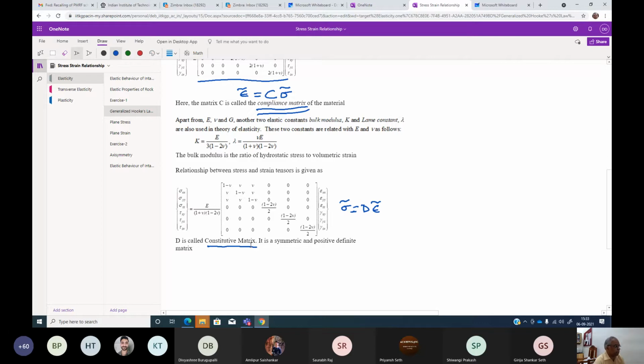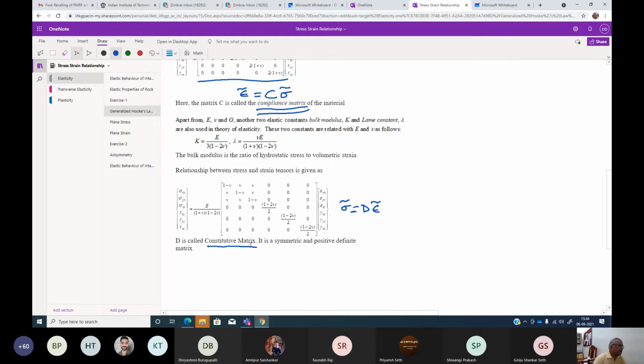And not only that, in plasticity also there will be a constitutive matrix. Strain and stress are the two pillars of elastic variables. Now how these two important elastic variables are related to each other, that's why it's called the constitutive matrix. This is how material behaves.